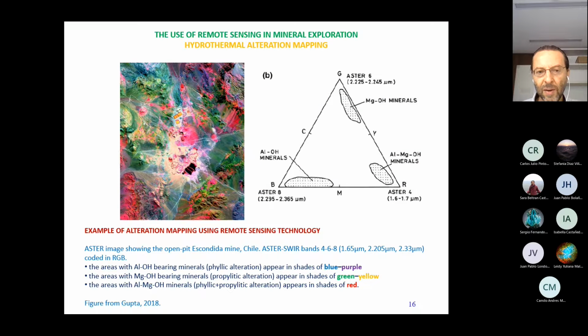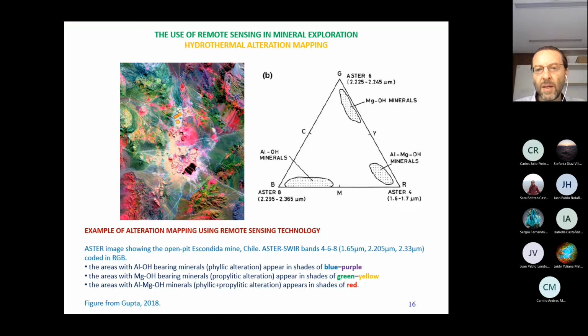Here is another example, very nice. This comes from Chile. And as you can see, these combinations, the ASTER satellite, the bands, you can see how they are shown and what they represent. Different types of minerals. So basically, the different colors, as I put them here in the legend, reflect the phyllic alteration, a sericitic alteration, phyllic alteration.